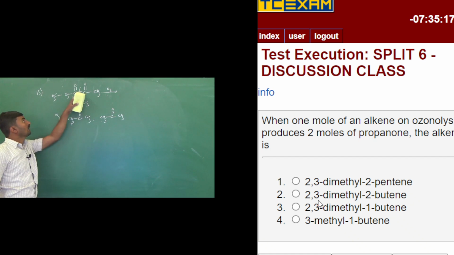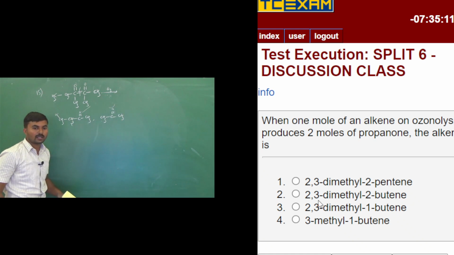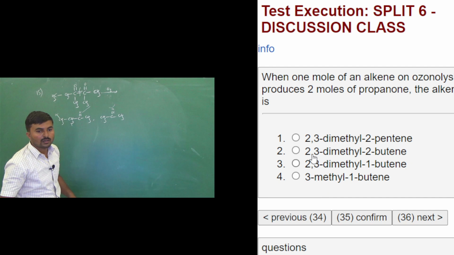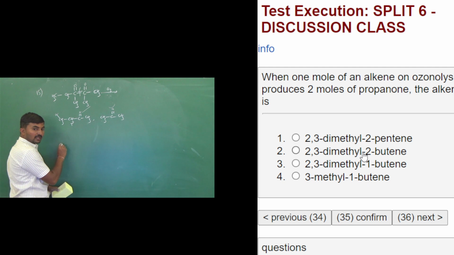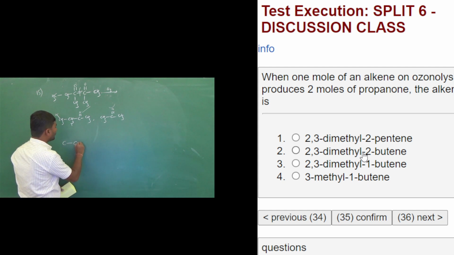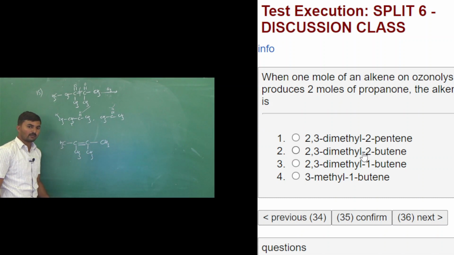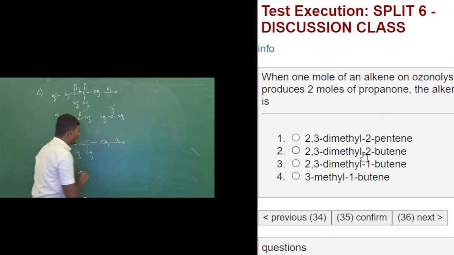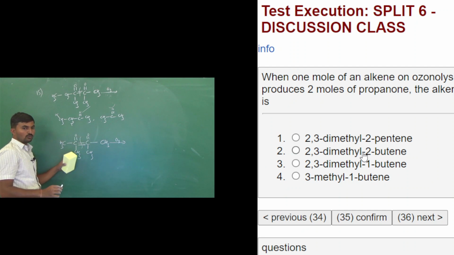When we ozonolyse this molecule, we get one butanone and another propanone. But what we need is 2 moles of propanone. So the next option is 2,3 dimethyl 2-butene. Carbons 1, 2, 3, 4. This is the structure of 2,3 dimethyl 2-butene. Here during ozonolysis, as we said, you just break this bond and give an oxygen atom to both the carbon atoms.